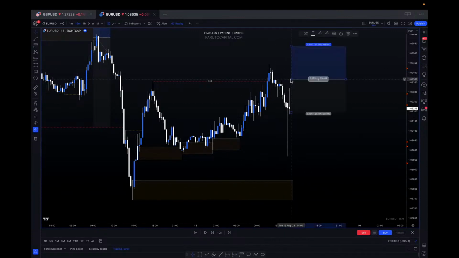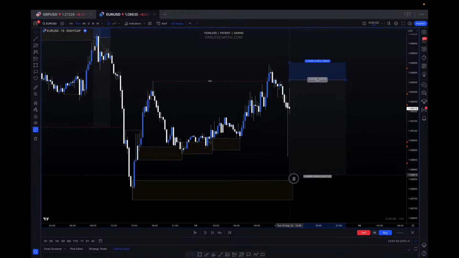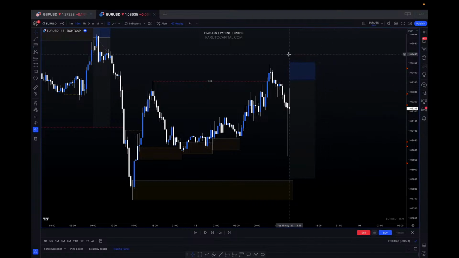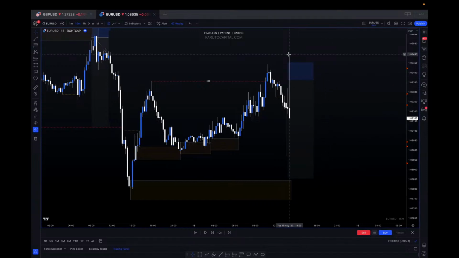So let's see if we get an entry. Okay, so let's make this 9 pips thereabout. Then let's tap just above this area. So that'll be 1 to 5. So let's see if at all we get something.